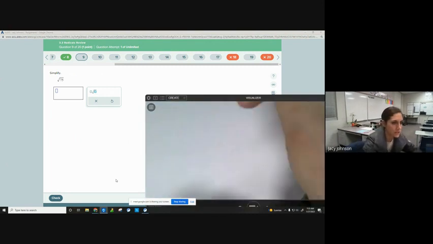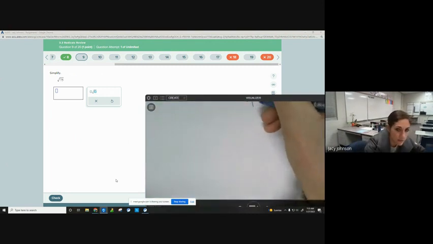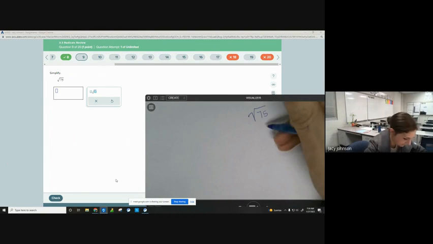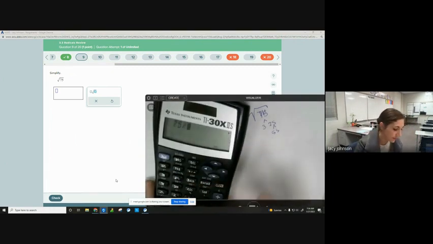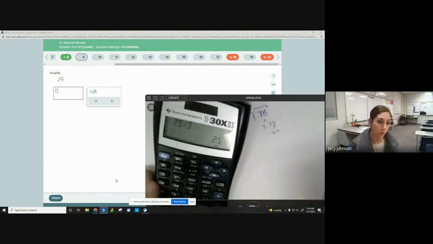But if it's not something that's a perfect square, or if it's not saying something that says, hey, approximate, I'm going to use my factoring process where I see what common factors go into 75. 75 can be split into 3 and 25. And 25 can be split into 5 and 5. Now, if you're not confident about what goes into 75, just start dividing. 75 is not even, so I wouldn't pick a 2, but I would pick a 3, and there I go, 3 and 25.